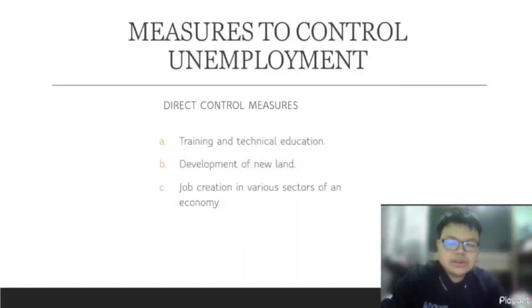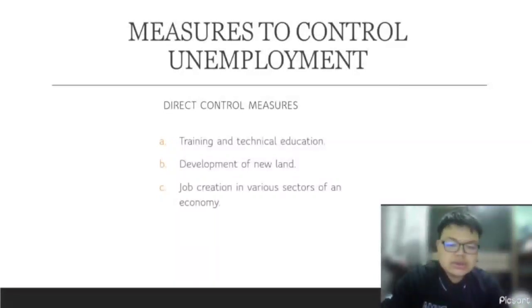More training and education should be provided for individuals to increase their knowledge. They will be able to find jobs easily. For example, unemployed graduates are given free short courses to learn computer skills and languages.